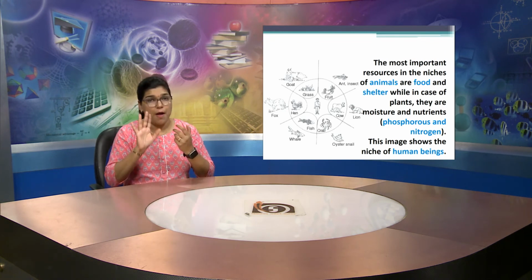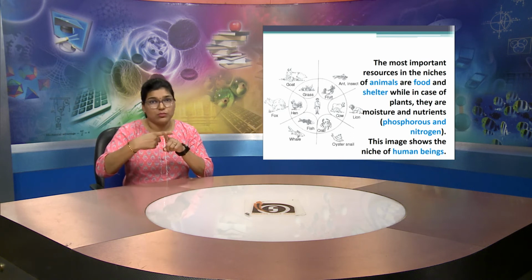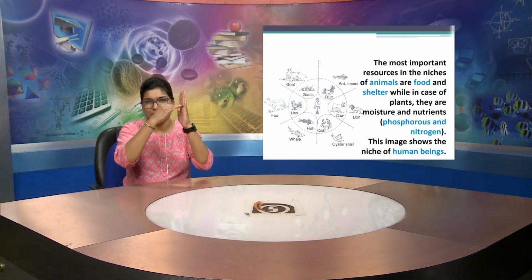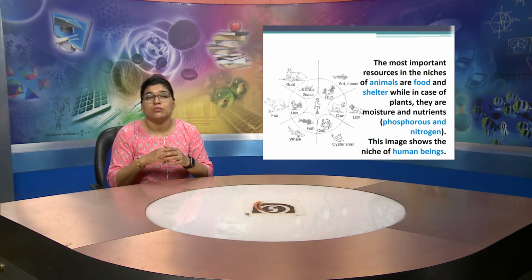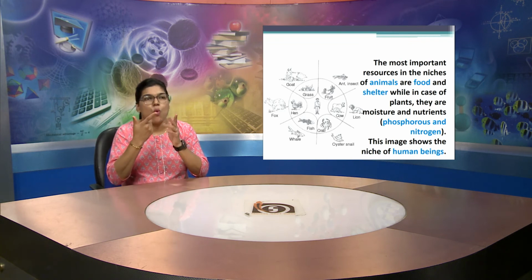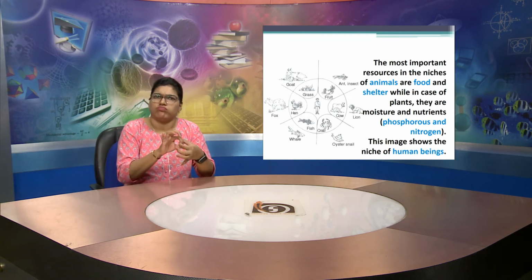And the most important resource in the niche of animals are food and shelter, while in case of plants, they are moisture and nutrients. The image shows the niche of human beings.